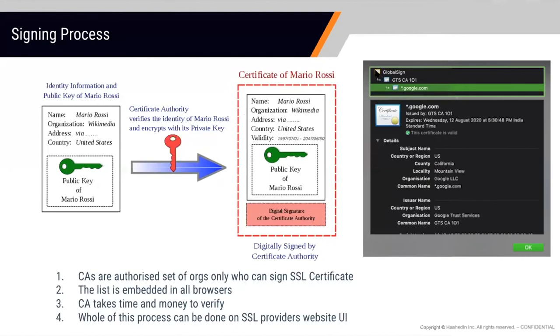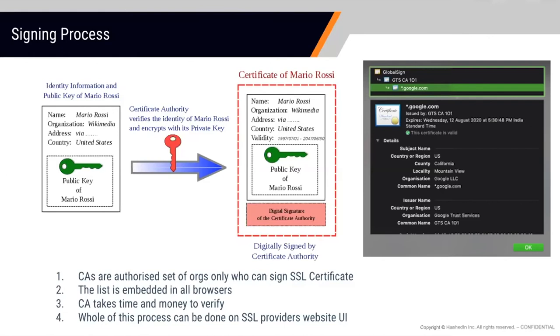So there is a root CA who gives public private key to GTS, who can give authority to Google, right? So this is called root CA. This is called intermediate CA. So a CA is also assigned public private key along with the digital signature, right? So this is how the chain works. This is called trust chain in cryptography.